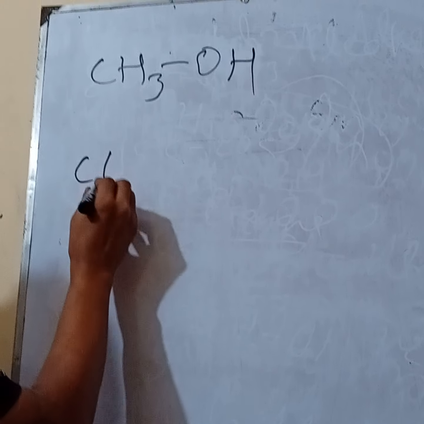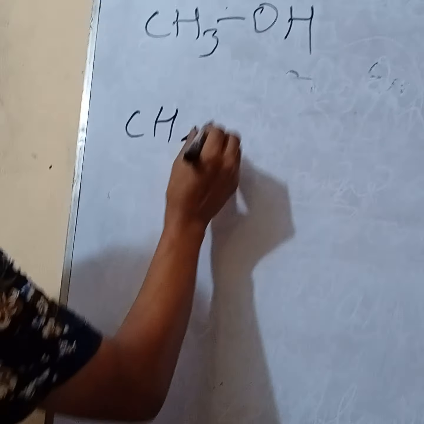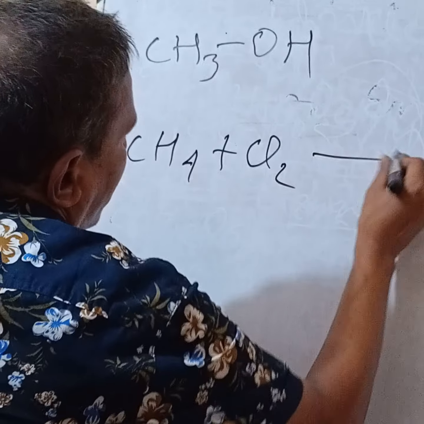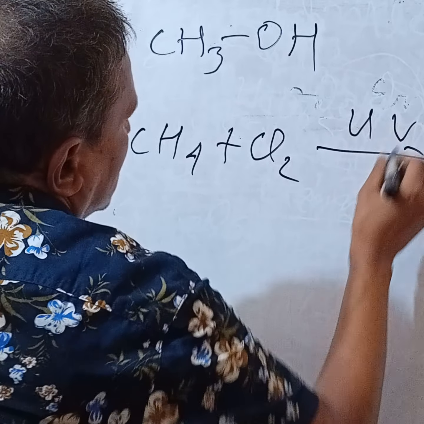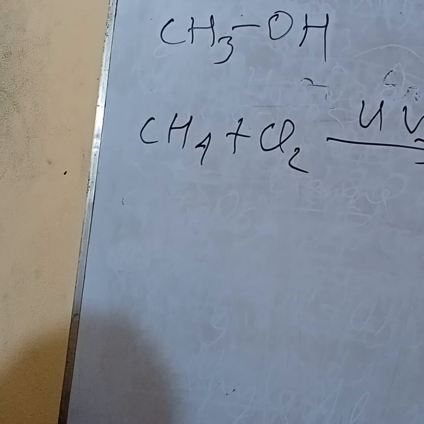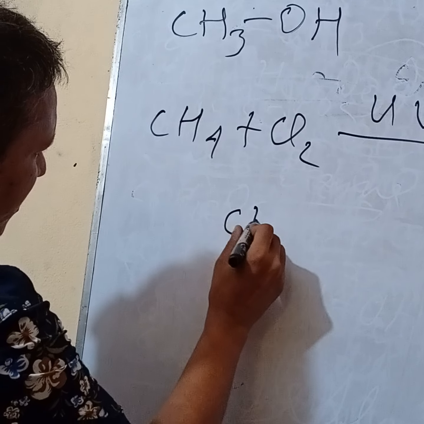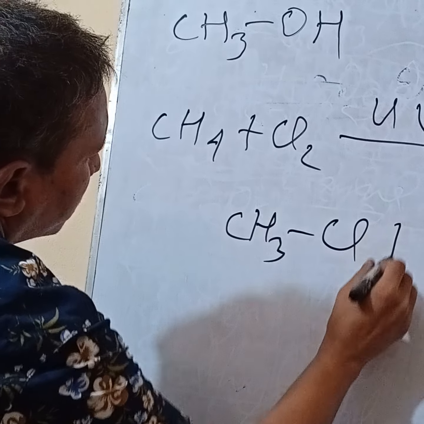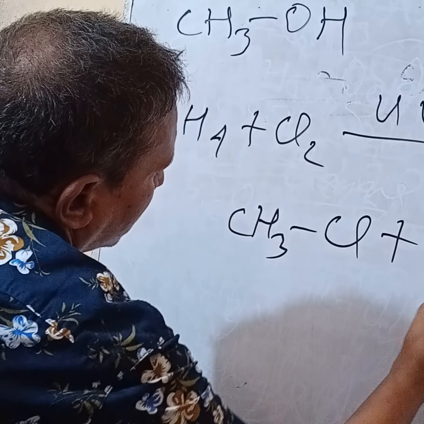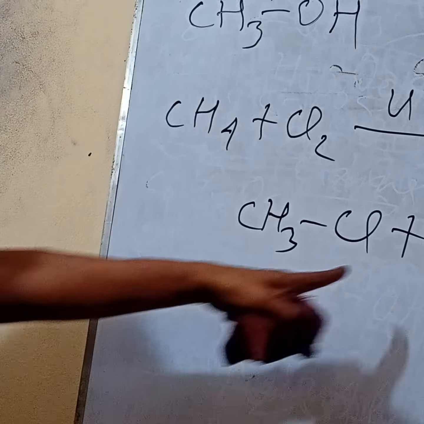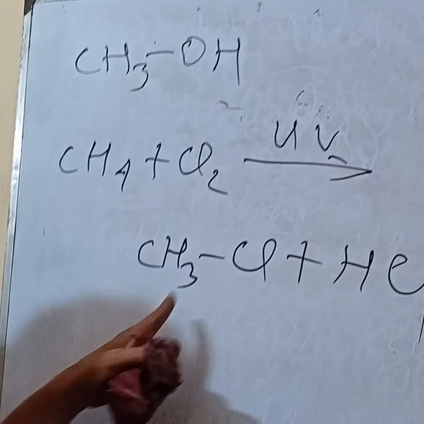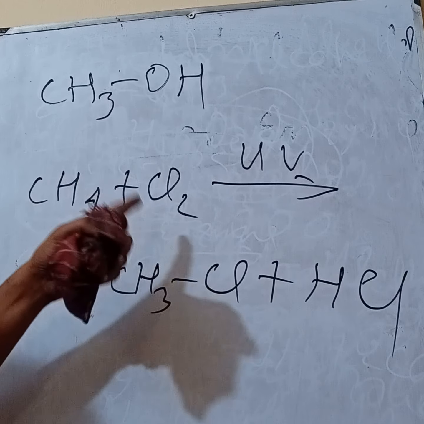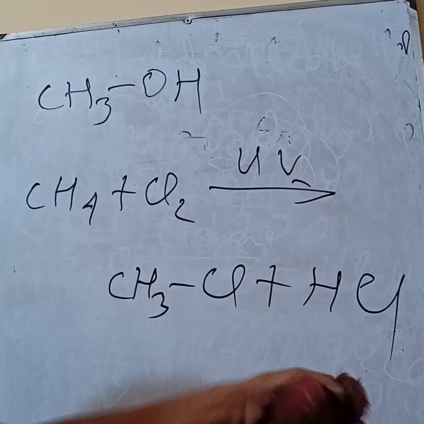Firstly, methane and chlorine under the ultraviolet ray of the sun react slowly and steadily, giving methyl chloride and hydrochloric acid.